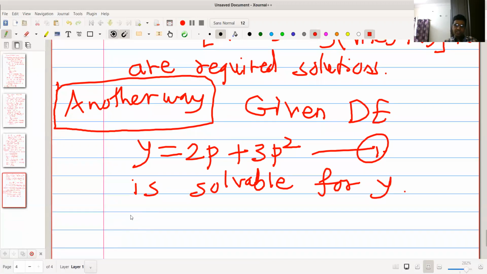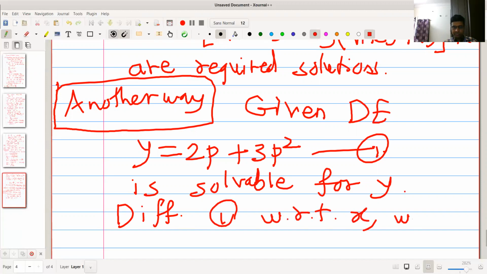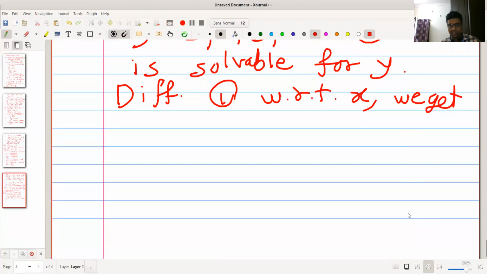We differentiate this with respect to x. The left hand side is dy by dx, which is p.